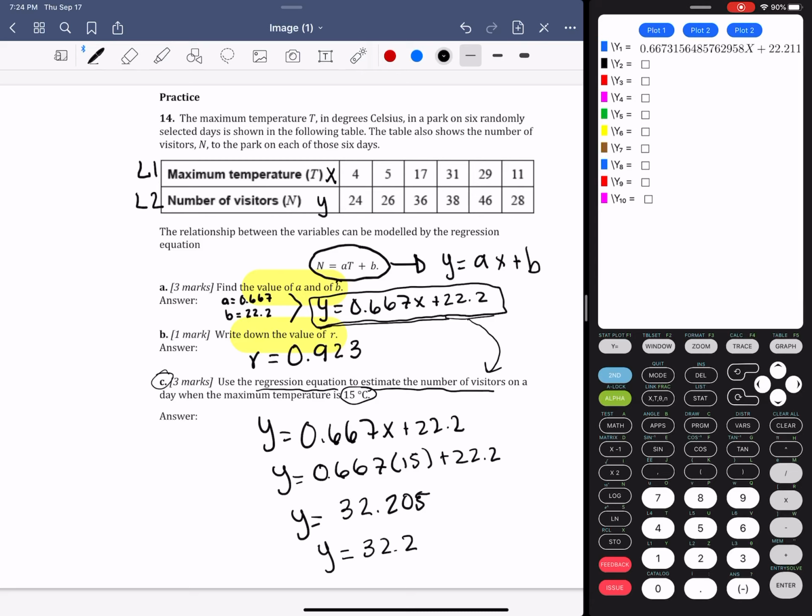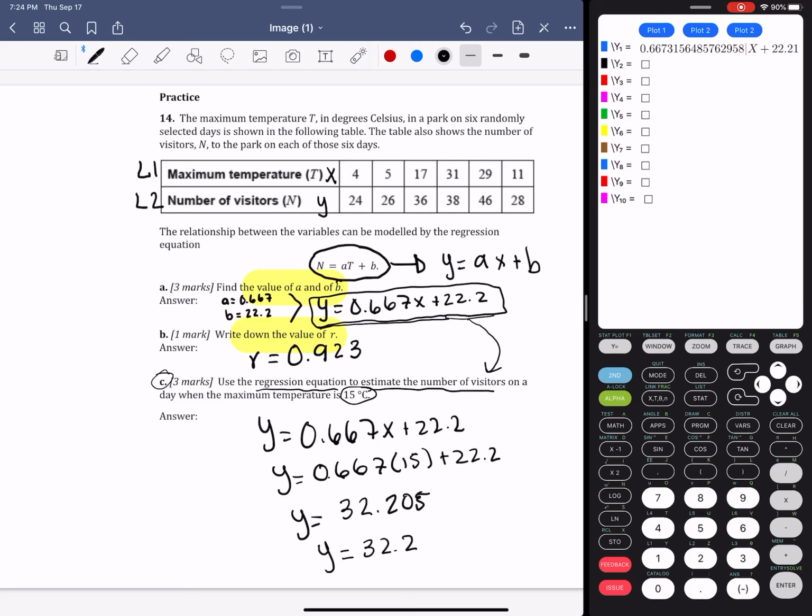So basically here, you see how it has 0.6; we did 3 sig figs, so in our equation it was 0.667. Well, here it puts all of the digits, and also, I can't go to the left, but you can see the 22.21, something. So I put everything there. Now, what do I do to find the value of 15 in here?